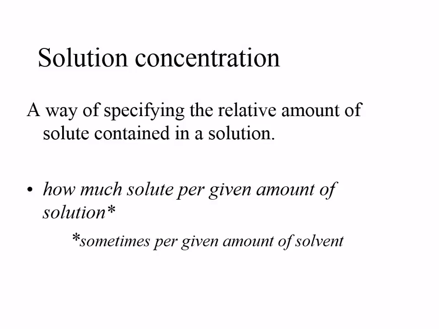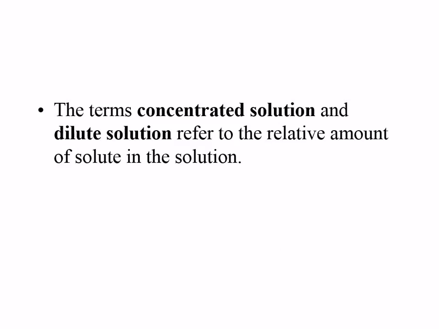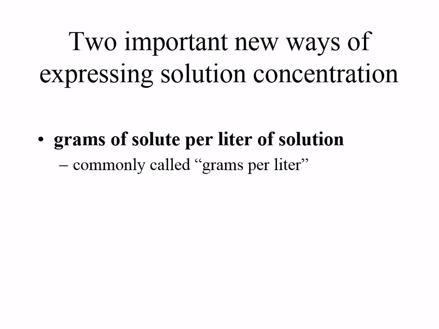There's actually one more that we're going to talk about in Gen Chem 2, that is the amount of solute per amount of solvent, not solution, and that's the molality. These are generic terms. If somebody says that's a concentrated solution of acid, you're like, oh dude, I think we need to be careful handling it. If it's a dilute solution of acid, you're like, that's probably pretty wimpy. You're right. The terms concentrated and dilute you're probably familiar with.